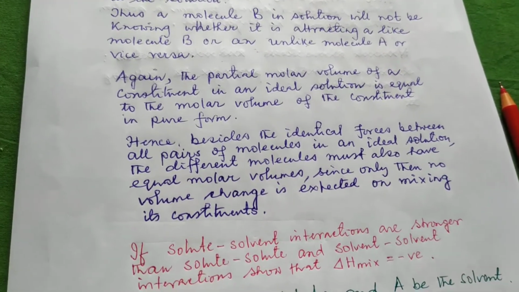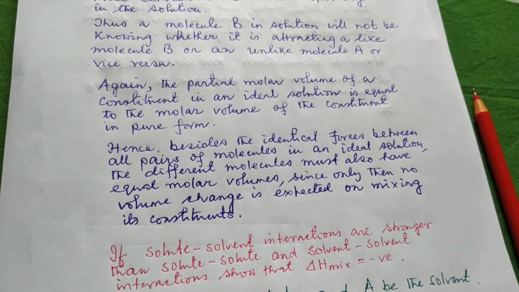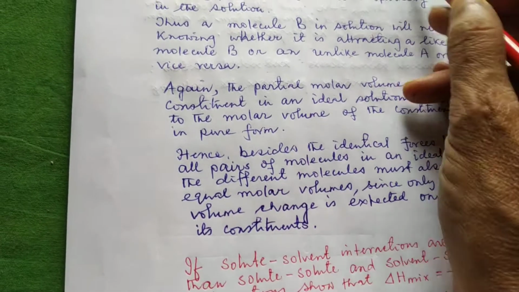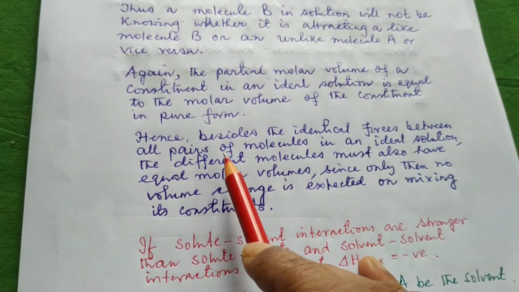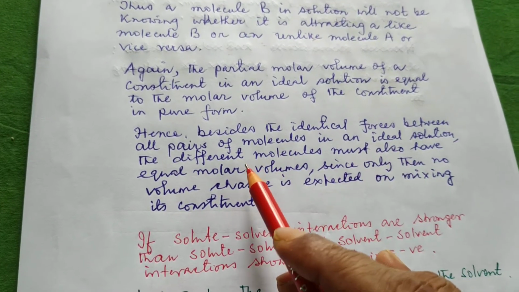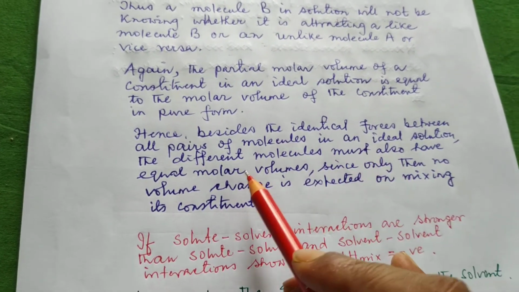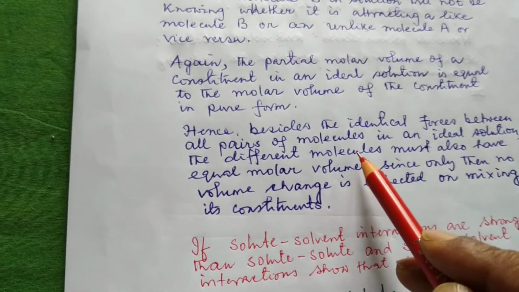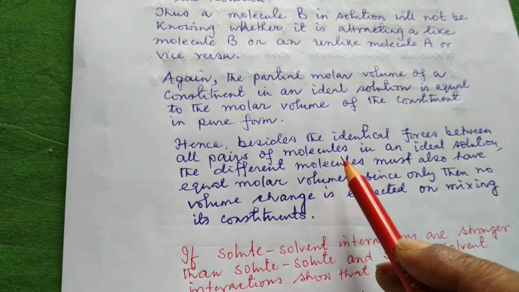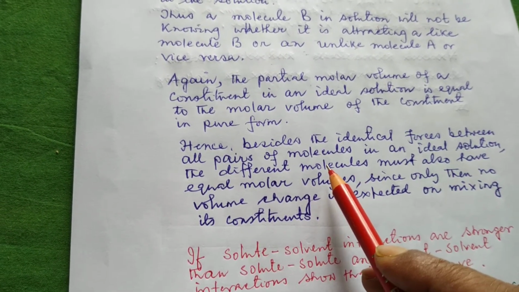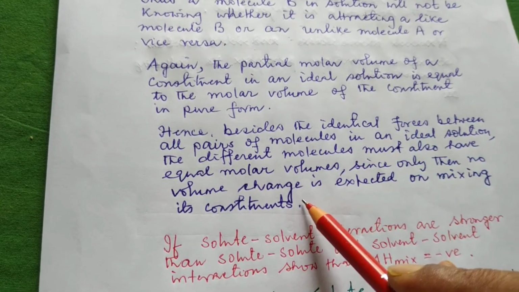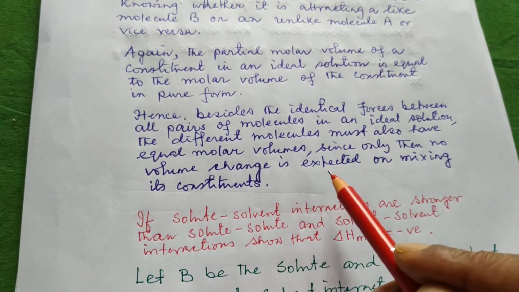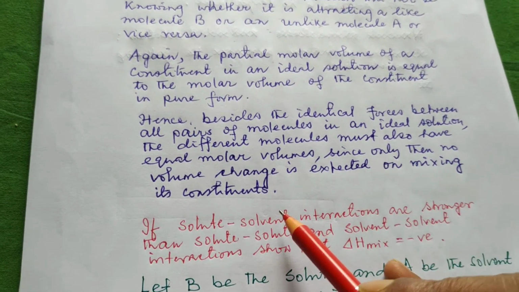Hence, besides the identical forces between all pairs, that is AA, BB and AB, of molecules in an ideal solution, the different molecules must also have equal molar volumes. If the molar volume of A is equal to the molar volume of B, then only is no volume change expected on mixing.